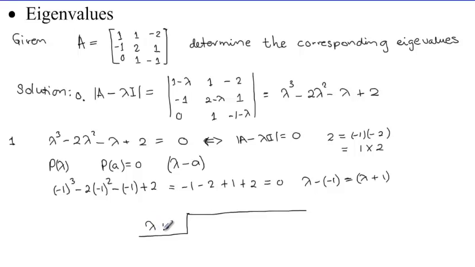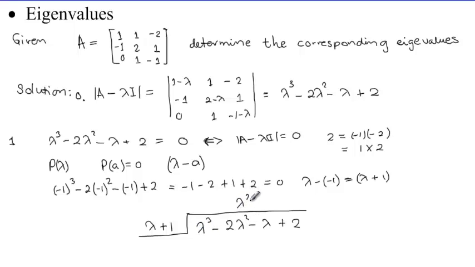So right here, lambda plus 1 dividing lambda cubed minus 2 lambda squared minus lambda plus 2. Now dividing by lambda, this leading term here, we get lambda squared.